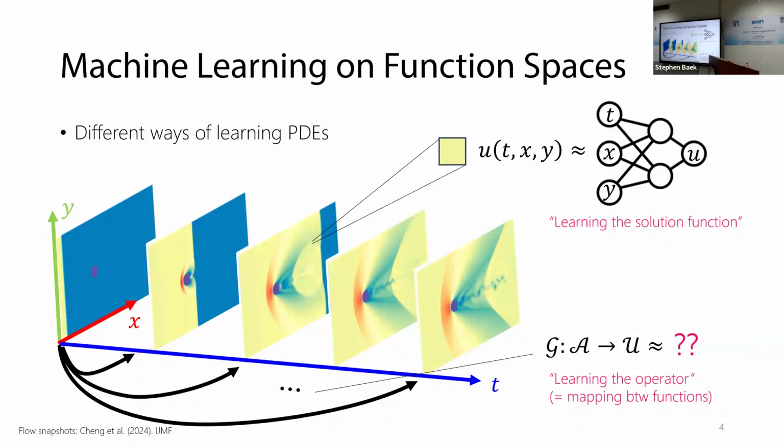One way of viewing the problem of solving a PDE is from the perspective of the solution operator. What the solution operator does is take a snapshot at time t equal to 0, which happens to be a function defined over the xy domain. You take that function, u of 0, x, y, as an input to an operator, and that solution operator will spit out yet another function at a different time t.